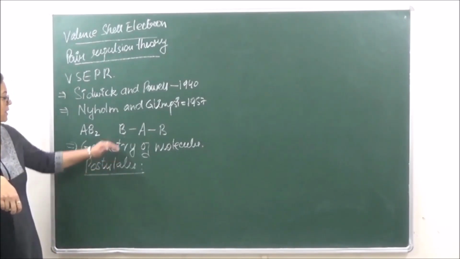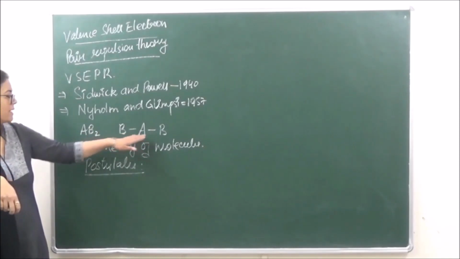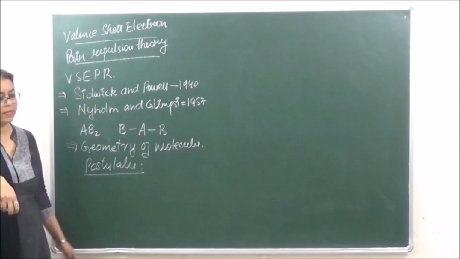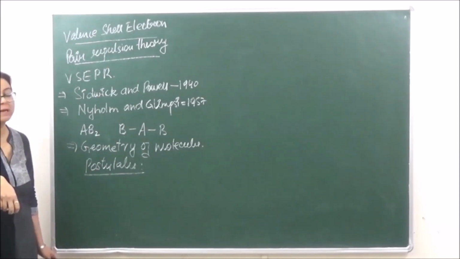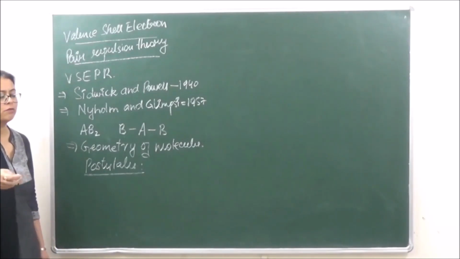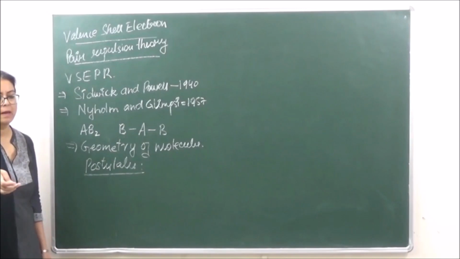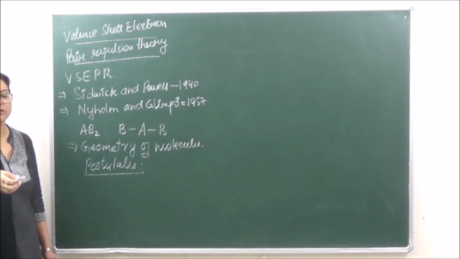So that is what is happening over here. It is minimizing the repulsion and it is maximizing the distance between the two. Okay? Then number four, the magnitude of different types of electronic repulsions.